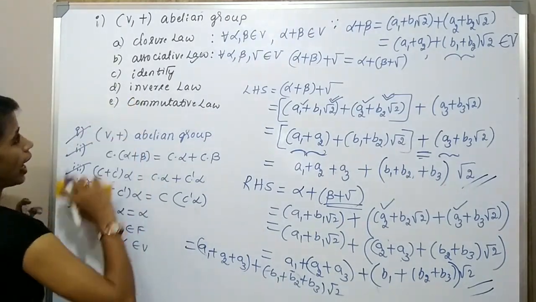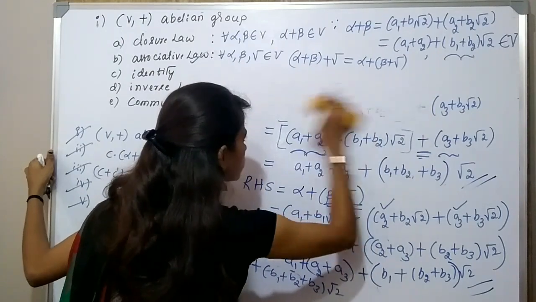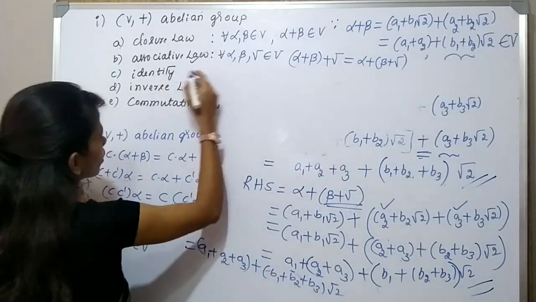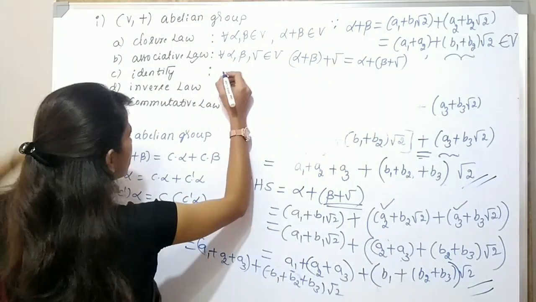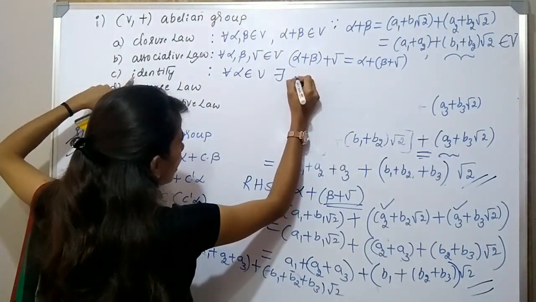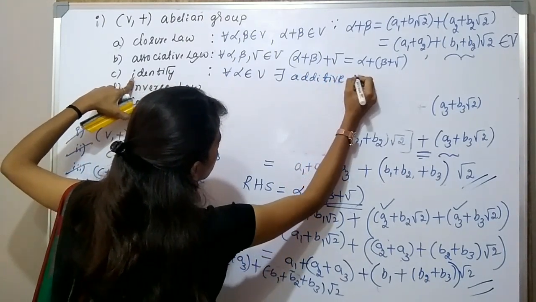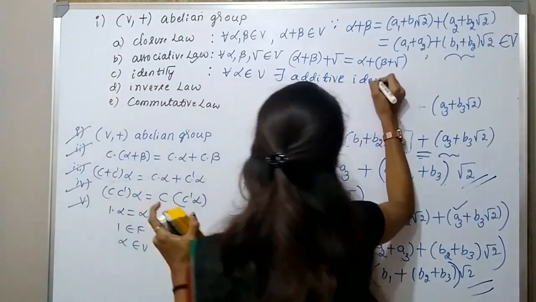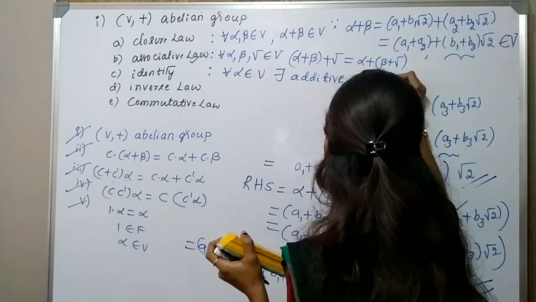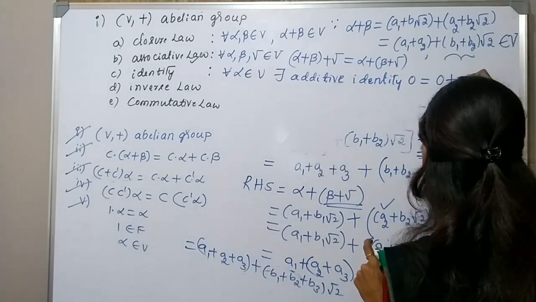Okay. So next, identity law. For the identity law, what is the identity element? For all alpha belongs to V, there exists an additive identity, say 0. What is that 0? 0 must be in the form A plus B root 2.